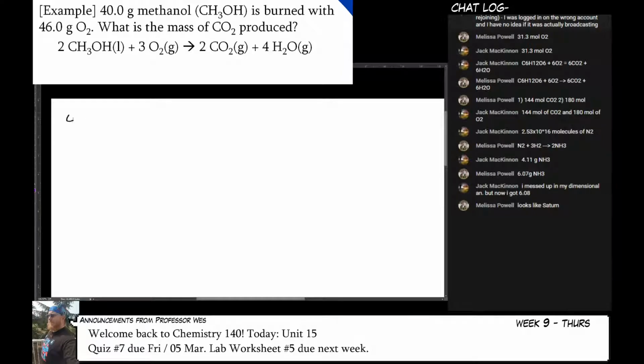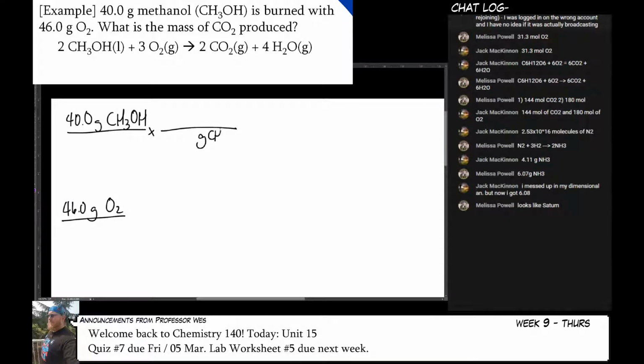I'm going to write out our starting amounts. So this is methanol. And I have 46 grams of O2. Now the question is asking me, what is the mass of CO2 produced? So I want to convert these to CO2. Whenever I have grams of something, I've got to turn it into moles first.